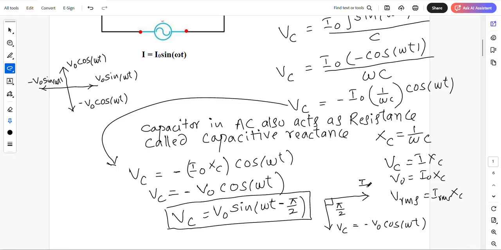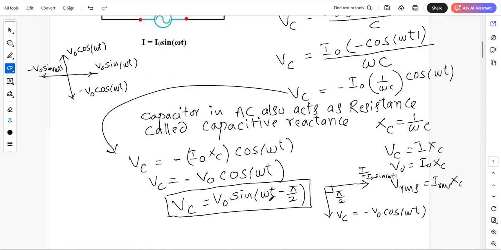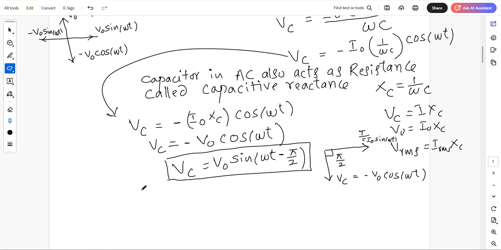Now observe this current, I is equal to I naught sine of omega t. Vc is lagging by an angle pi by 2. Vc is equal to V naught sine of omega t minus pi by 2. Now, what did we conclude?